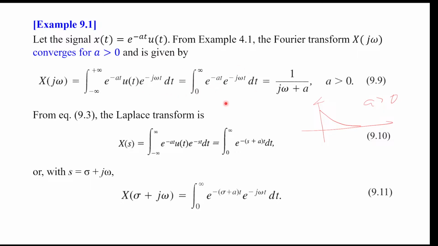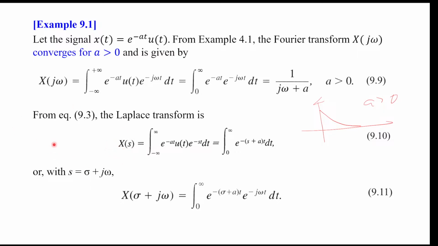You can do this integration, and you see that this is 1 over j omega plus a. And this integration only converges when a is greater than 0, because when a is less than or equal to 0, then the absolute value of this thing will be constant or growing, and the integration will not converge.